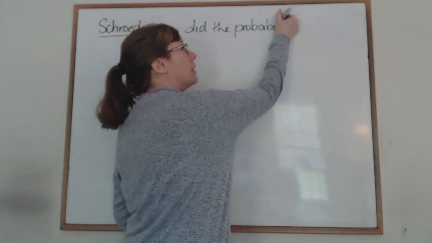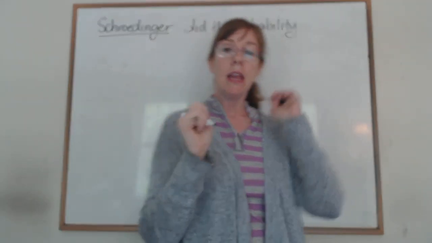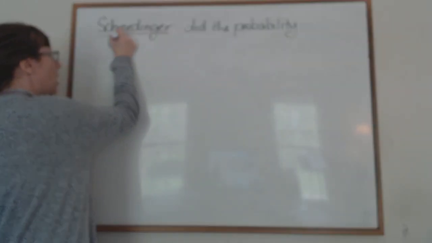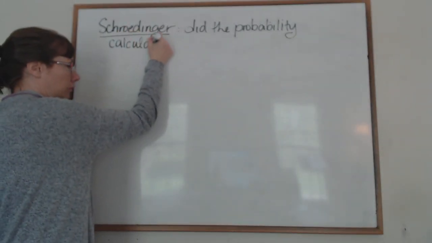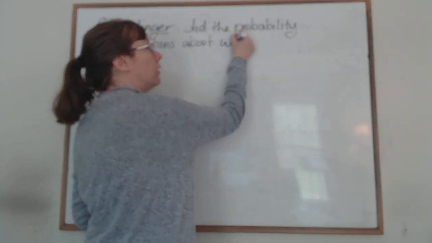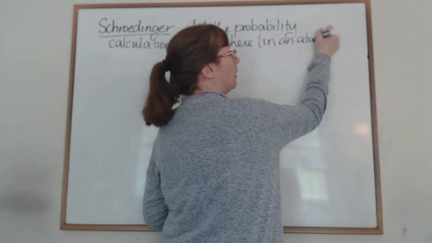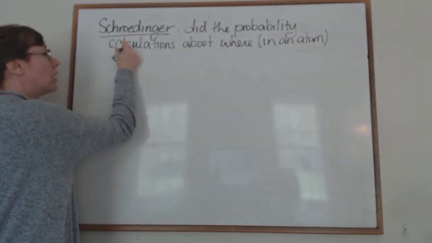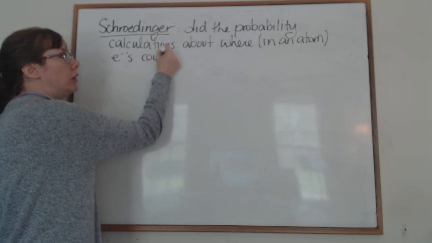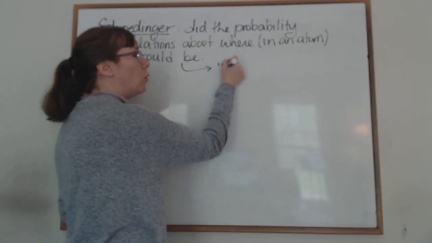So he's like the mathematician, okay? Probability is a math concept. Schrödinger did the probability calculations about where in an atom electrons could be, okay? And these are what we call orbitals.